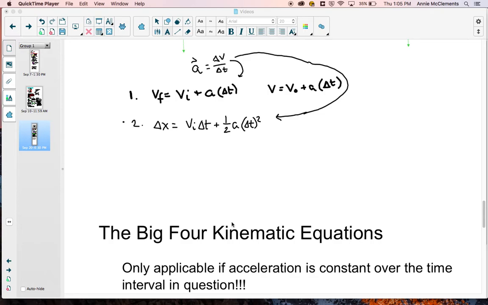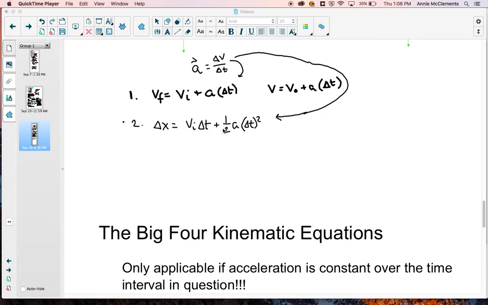All right, so I ended the last video looking at these two of the big four that we know already. They are pretty clearly derived from some equations that we've already seen, and also from graphs, from calculating the displacement as the area under the velocity-time curve.